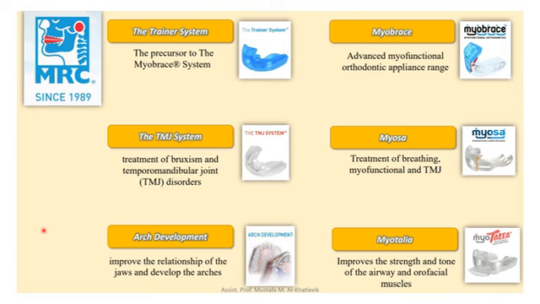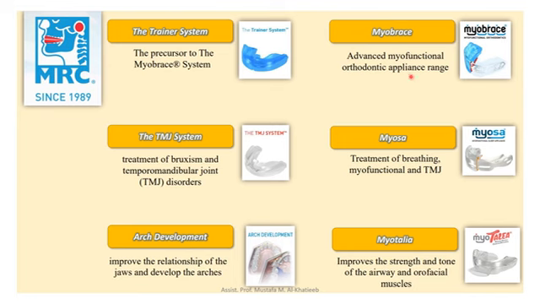The Myobrace since 1989 and developing their products with time. They started with the trainer system, the precursor to the Myobrace system, and the TMJ system for treatment of bruxism and temporomandibular joint disorders, arch development, improving the relationship of the jaws and developing the arches.